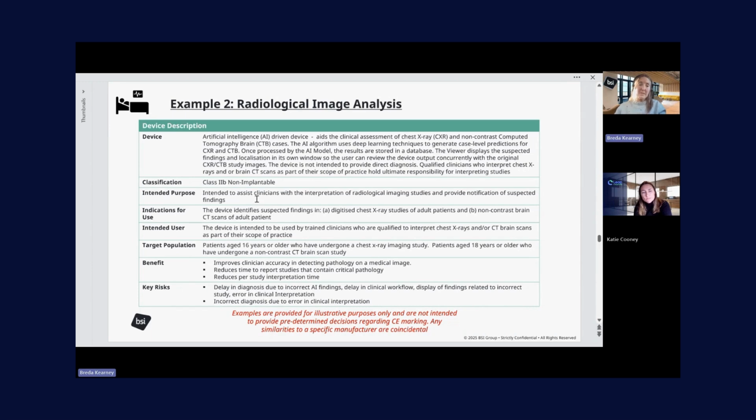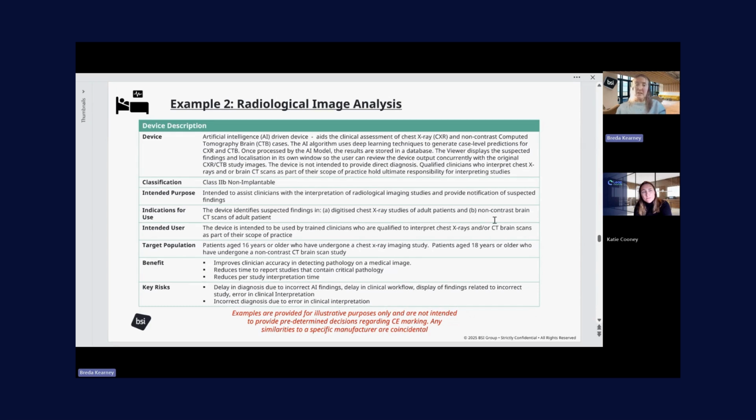The intended purpose is it's intended to assist clinicians with the interpretation of radiological imaging studies and provide notification of suspected findings. Its indications, it identifies suspected findings in digested chest X-ray studies of adult patients. And if I remember correctly, there is over 103 different diseases that it would pick up.